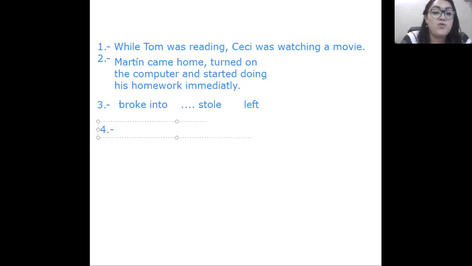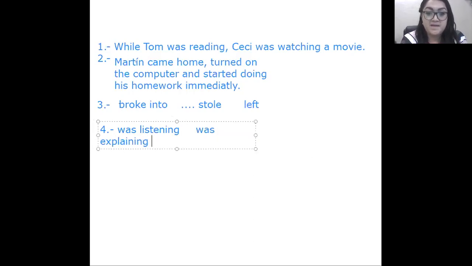Then we have number 4. The teacher got mad because nobody, el maestro se enojó because nobody was listening while she was explaining. Okay, mientras ella estaba explicando.